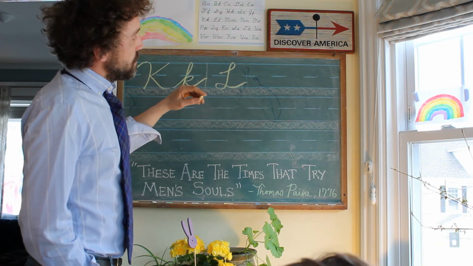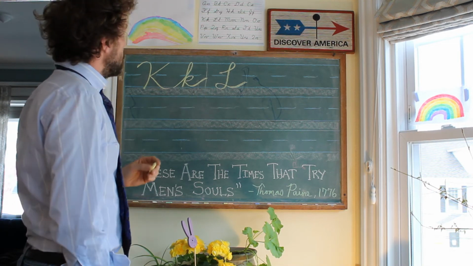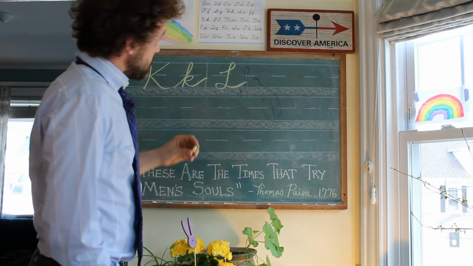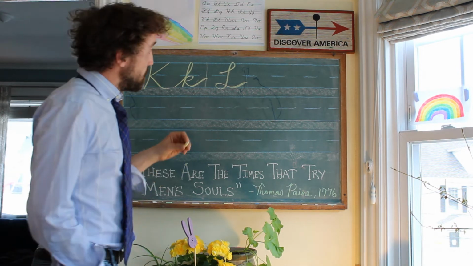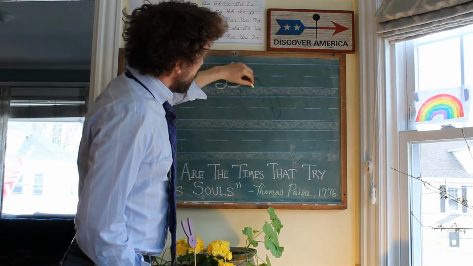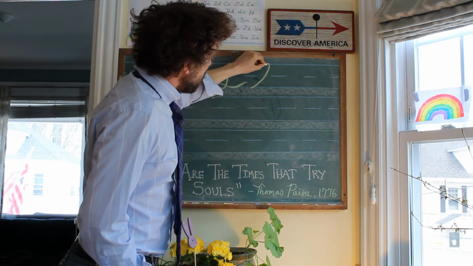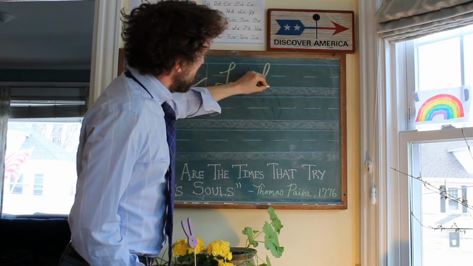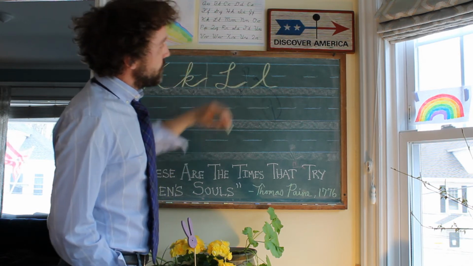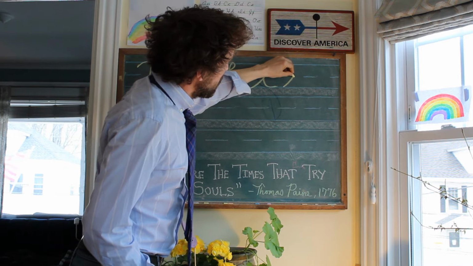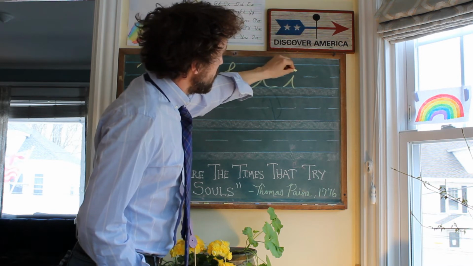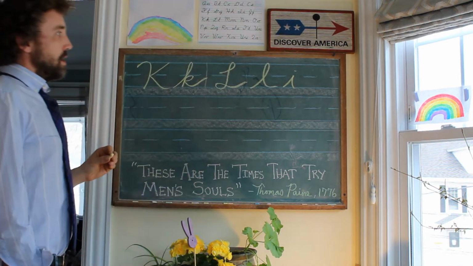So now we'll do a lowercase L. And to do that, it's basically like the I. It is, but you're going all the way to the top. So that's the lowercase L. Now an I, I'm talking about an uppercase I. Oh, an uppercase I. Yeah, we talked about that in the last video.